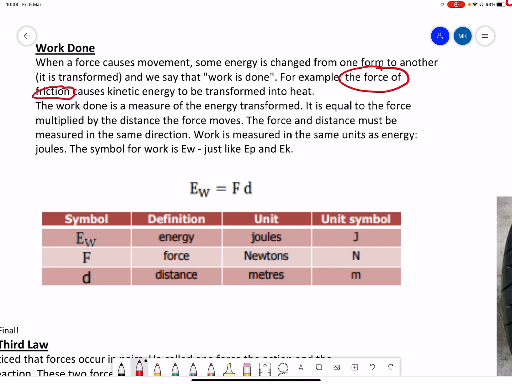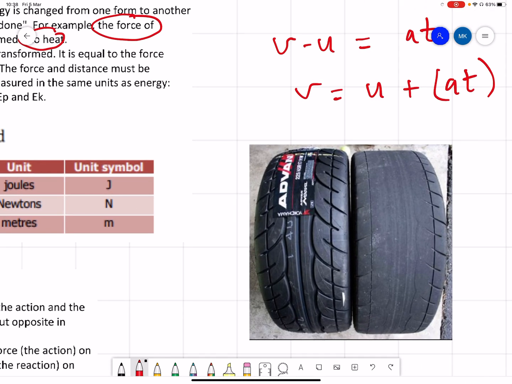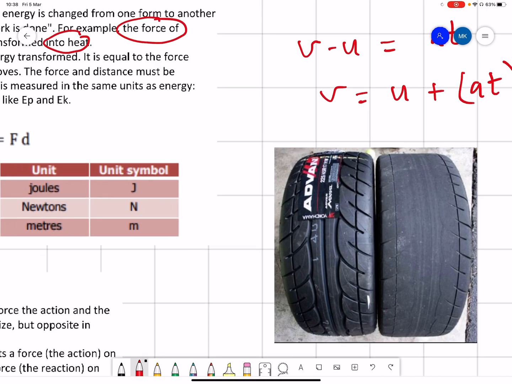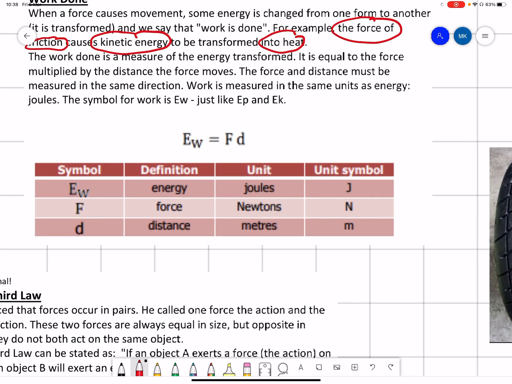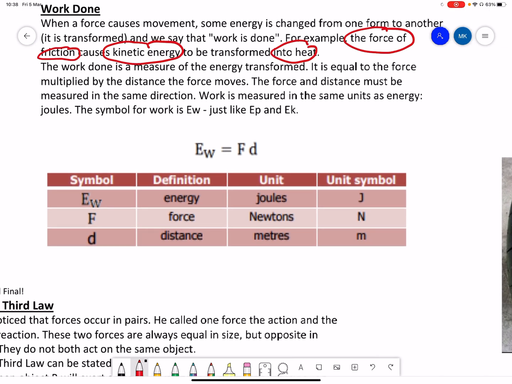Force of friction between tires and the road are naturally going to cause kinetic energy, and that kinetic energy is transferred into heat. That's what wears tires away. There's an example there of a new tire and an old tire that's had a lot of driving on it, a lot of friction, a lot of kinetic energy, a lot of heat transfer. Therefore, the tire starts to wear away.